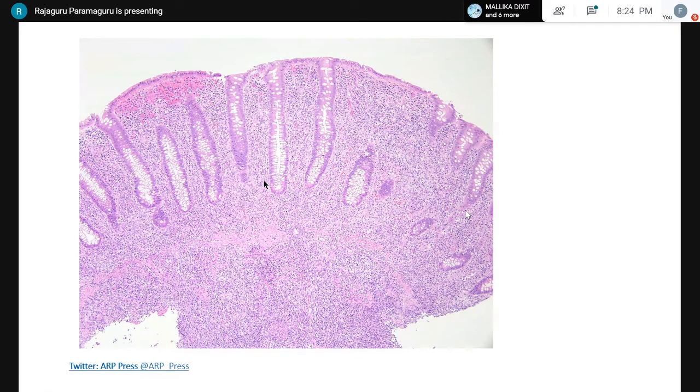But if you remember the first biopsy which I showed you, a classical case of ulcerative colitis, the inflammatory cells were confined to the mucosa, they were not crossing the muscularis mucosae. Here you see that these inflammatory cells are spreading beyond the mucosa, into the submucosa, breaching the muscularis mucosae.